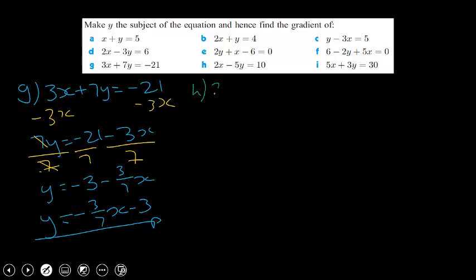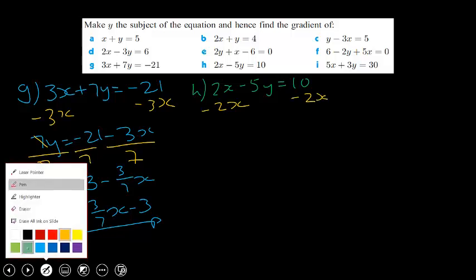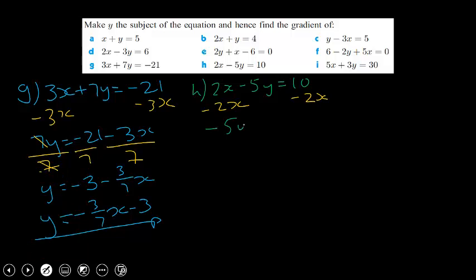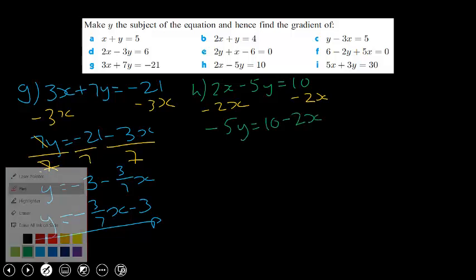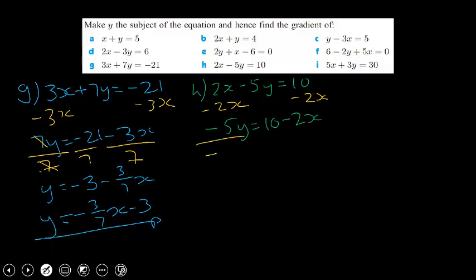Question H. 2x minus 5y equals 10. Minus 2x on both sides. Minus 5y equals 10 minus 2x. Divide by minus 5 because I want to get rid of this.